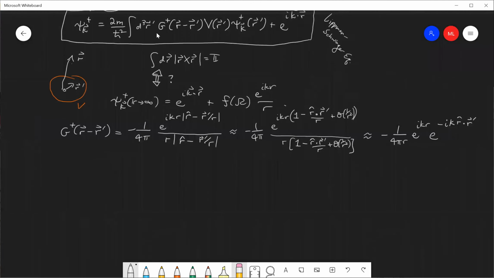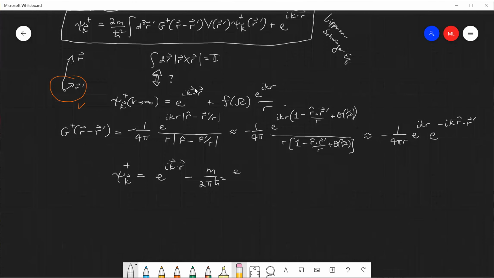So plugging this into here, we get that the solution now is incoming plane wave, and now we have a minus m over 2 pi h bar squared. That's just that minus 1 over 4 pi bit.